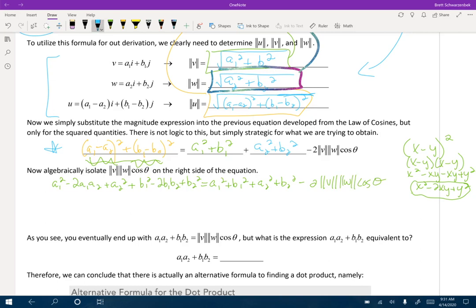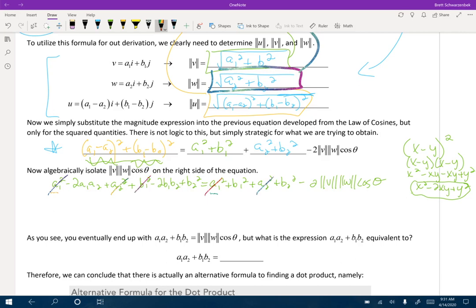So if you look at this, a very nice result is that if you look at, let's say, a1 squared over here and a1 squared over here, they don't have any like terms on separate sides. So if you subtract a1 squared from both sides, then they cancel out. If you take a2 squared from both sides, they cancel out.